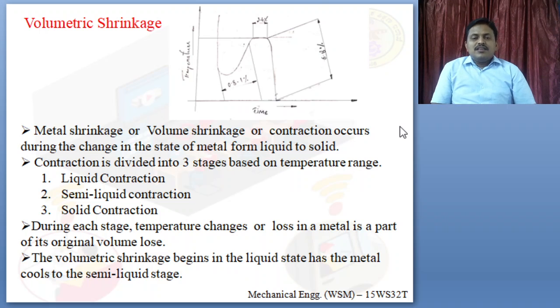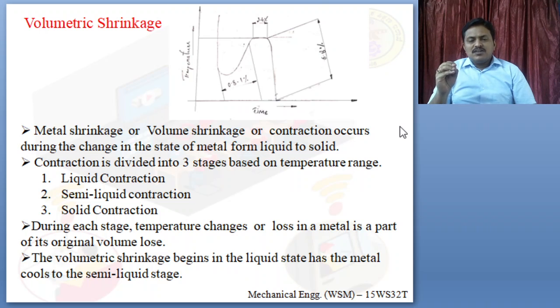Here it will be at an intermediate stage. A certain portion will be solid and a certain portion will be liquid, and the contraction that occurs at this stage is known as semi-liquid contraction. The last is solid contraction. Once the solidification is complete, the contraction we get is known as solid contraction.